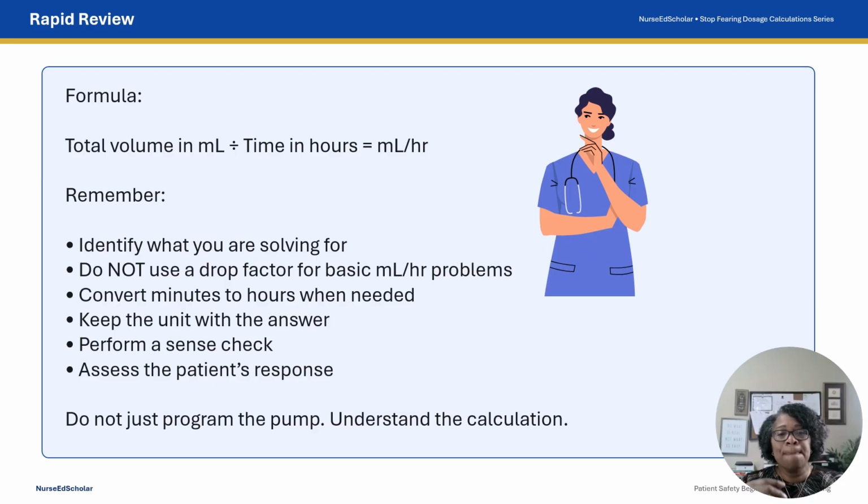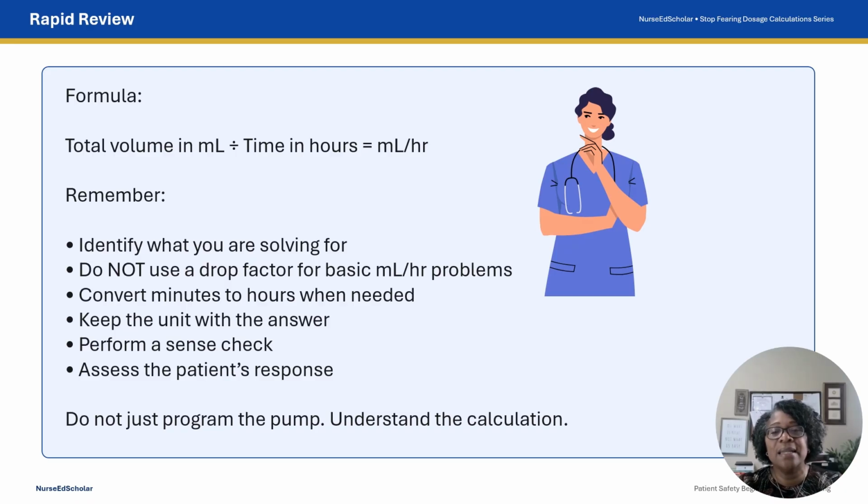So remember, we didn't use any drop factor for these calculations. We were solving for milliliters an hour. Okay, so no drop factor. And you have to remember, the basic formula is total volume in milliliters divided by total time in hours.